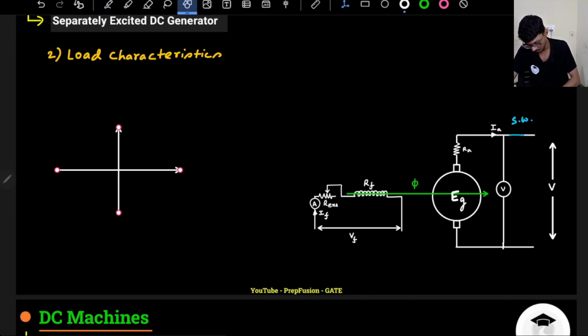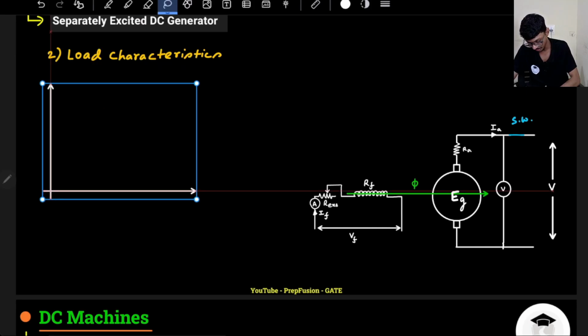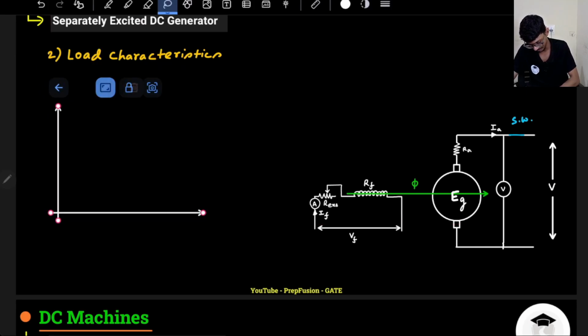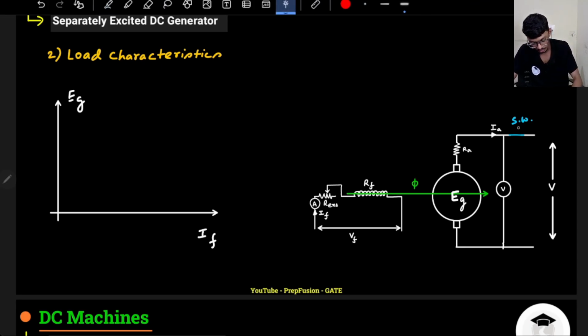Now let's start with the load characteristics. External characteristics is pretty easy to understand, but maybe internal might be a bit difficult. Here we are using the same experimental setup: I will vary my field current and measure the voltage, but this time remember there will be a bit of armature drop because this switch is closed.